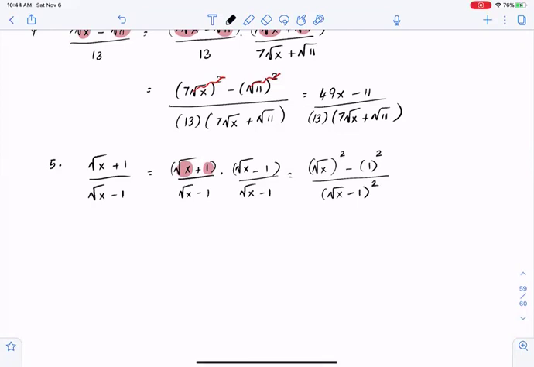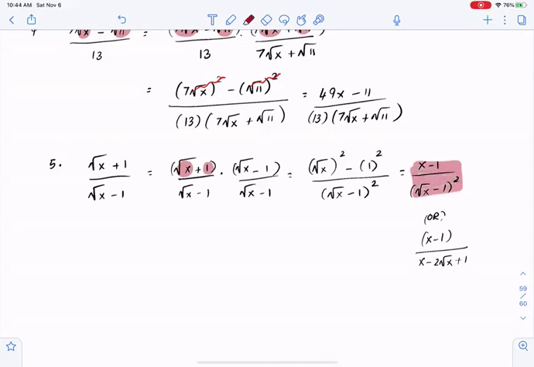We'll simply have square root of x minus 1 squared. So x minus 1 over square root of x minus 1 squared. Certainly, we can FOIL the denominator and write it as x minus 2 root x plus 1, but it is not necessary. It is better to have the answer in that form, because in mathematics, we always want expressions in terms of factors.